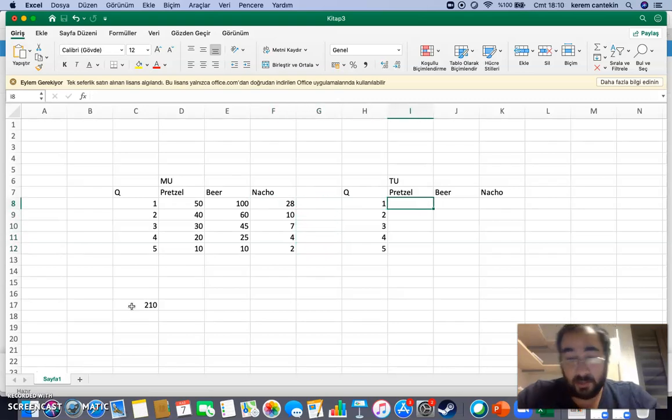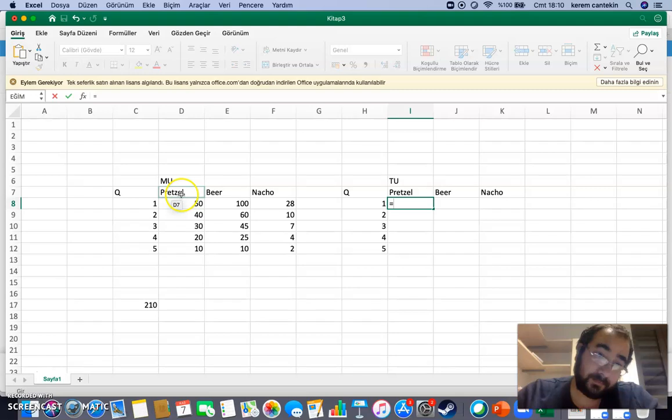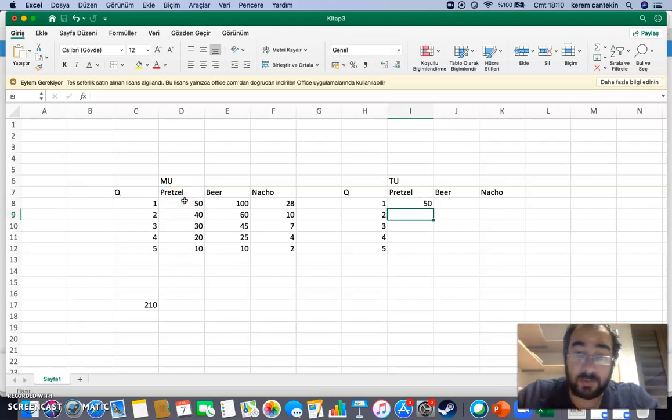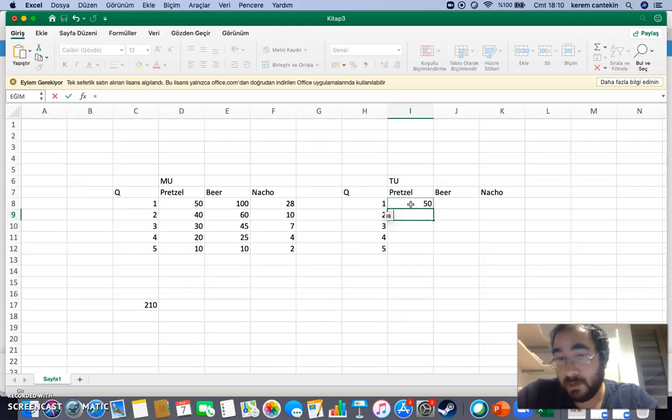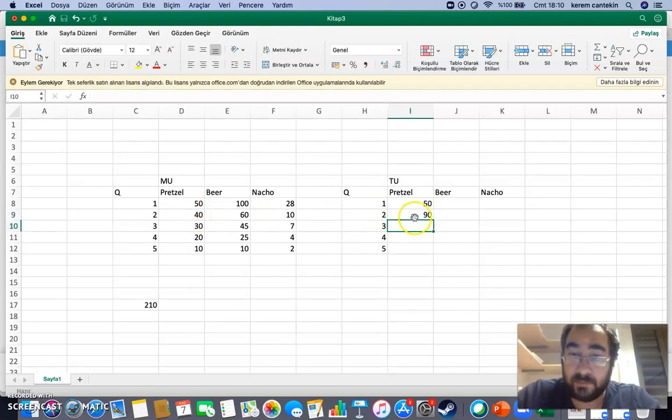So in order to find how much total utility I got if I consume 2 units of pretzel, I need to add to the utility I have from consuming 1 unit of pretzel the marginal utility of the second pretzel, basically.